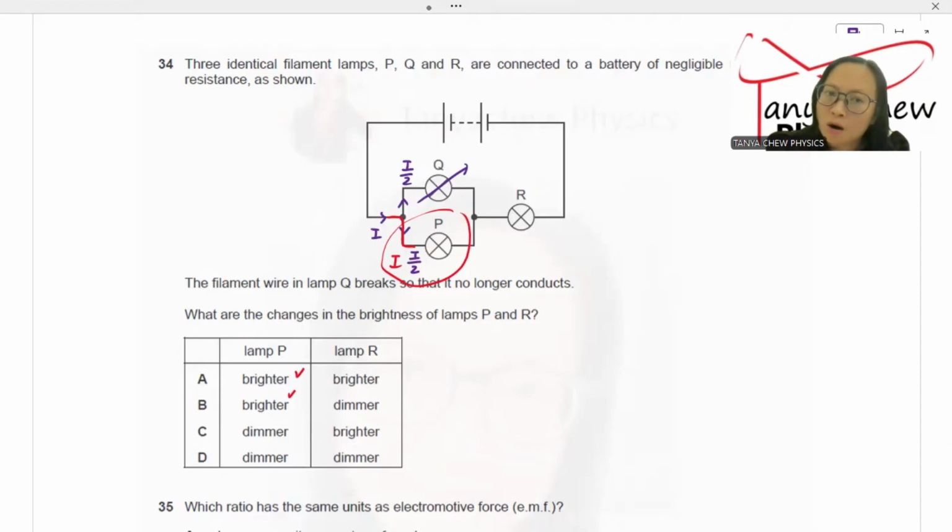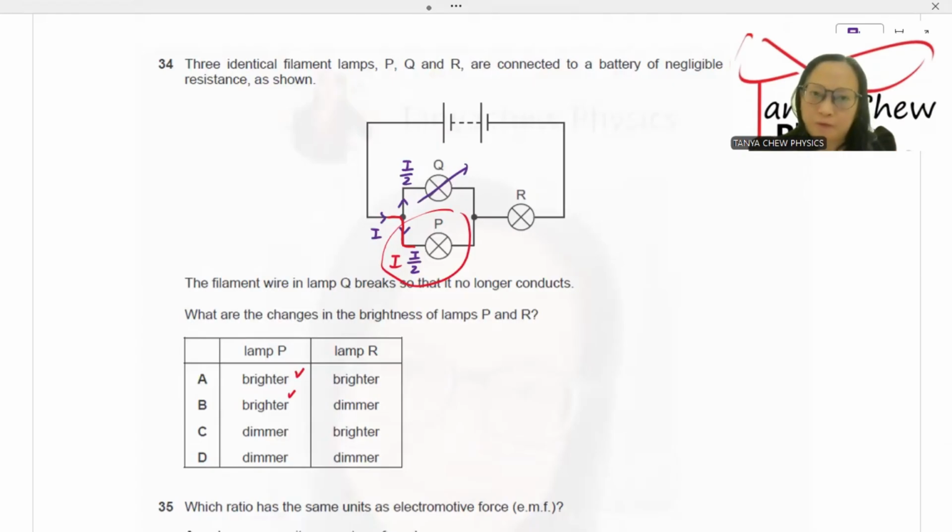What about lamp R? It is the same amount of current that flows through it, but the problem with lamp R is the total resistance of the circuit.